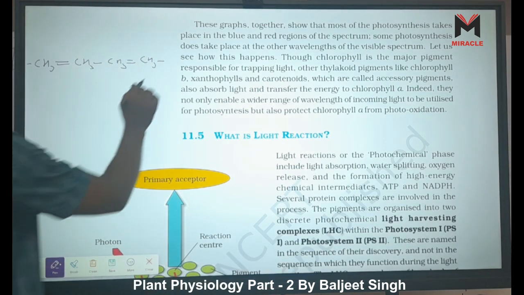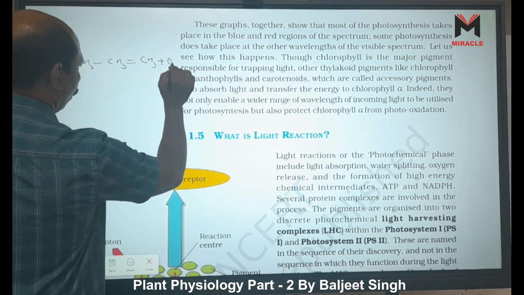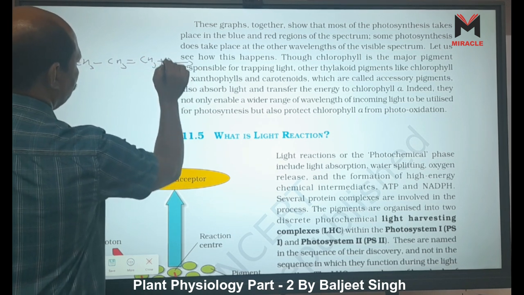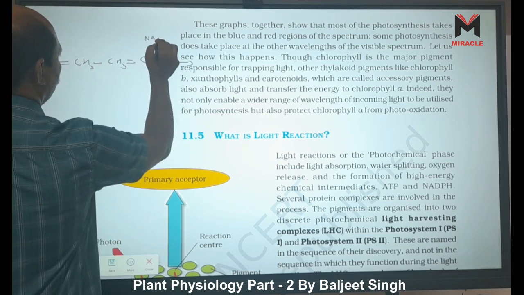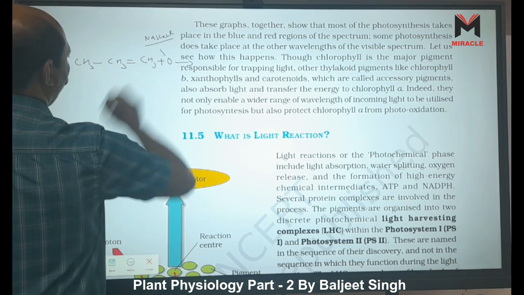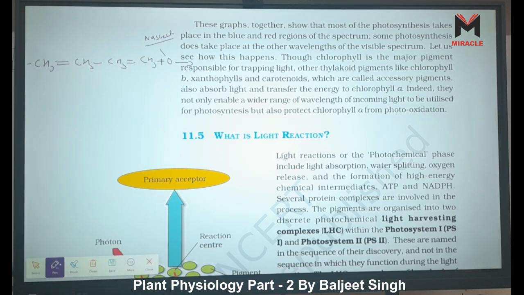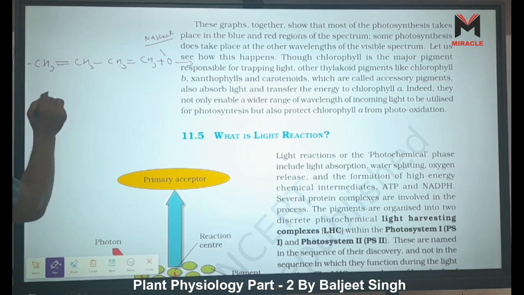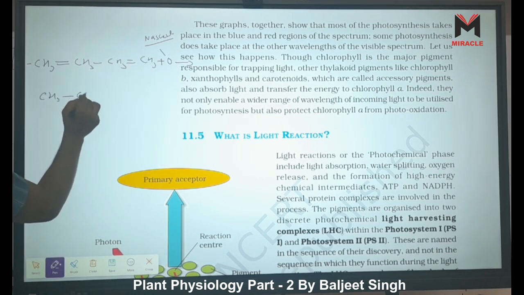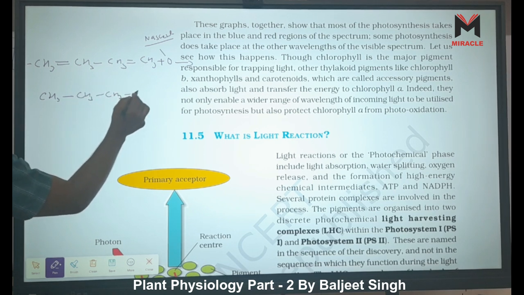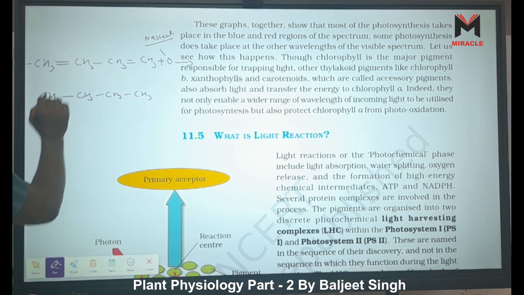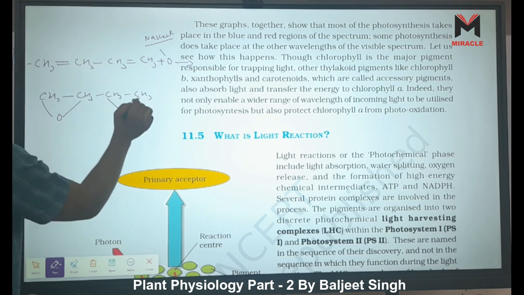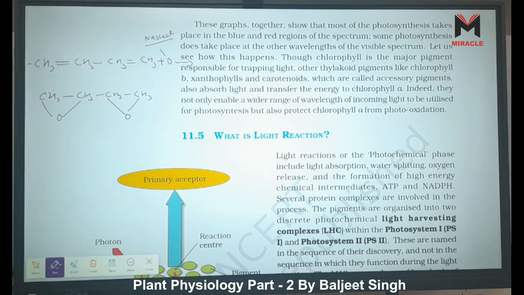When nascent oxygen is added, which is poisonous and not molecular oxygen, they form a structure like CH3, CH3, CH3, CH3, and this double bond binds with oxygen.